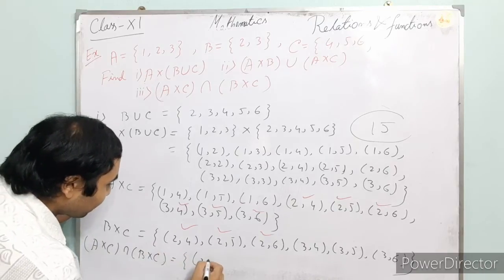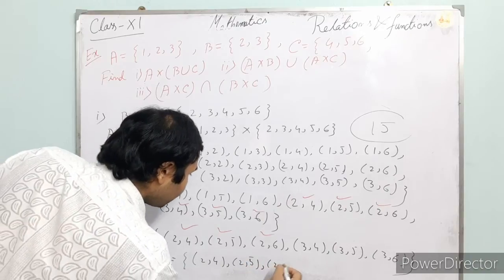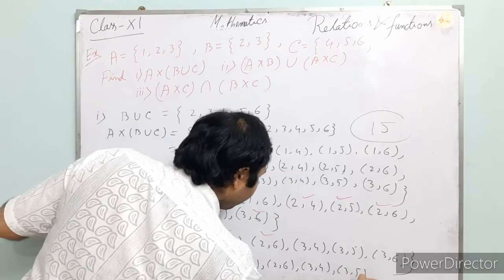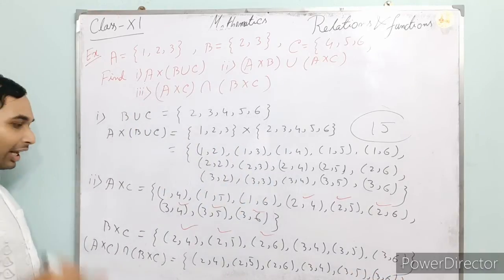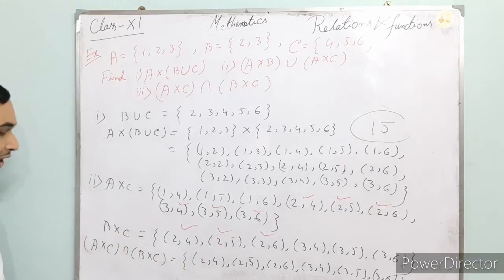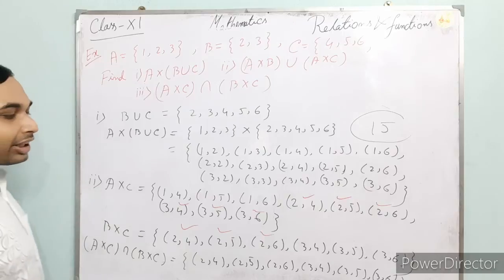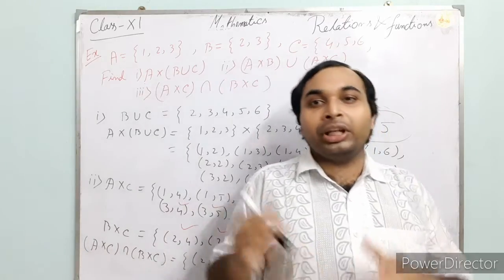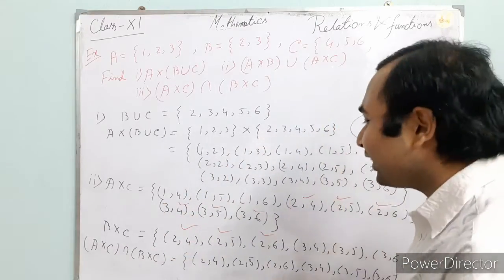Okay, let me write this one: (2, 4), (2, 5), (2, 6), (3, 4), (3, 5), (3, 6). So what we have got is actually B cross C. So A cross C intersection B cross C, we are getting B cross C. This is the beauty of set theory. We cannot predict what we are getting.